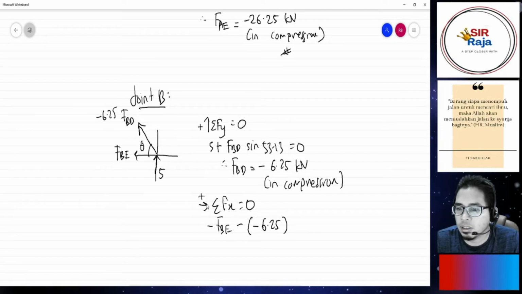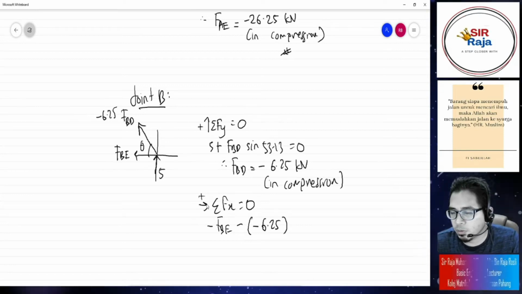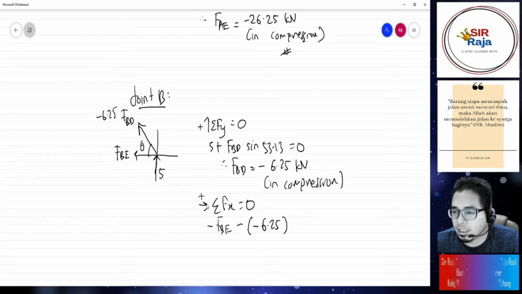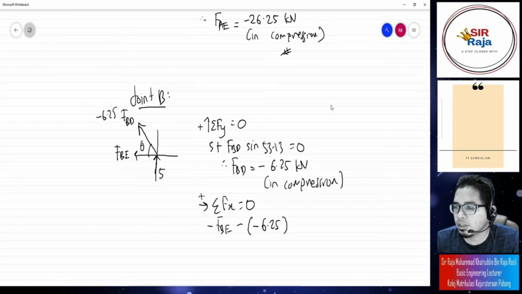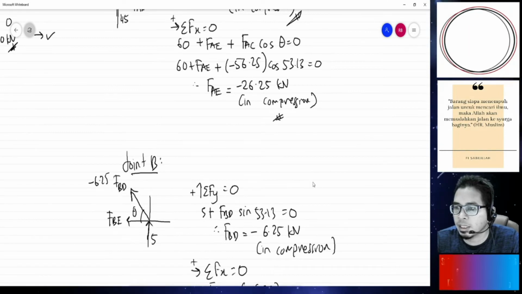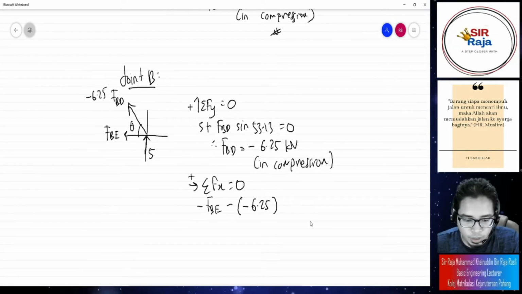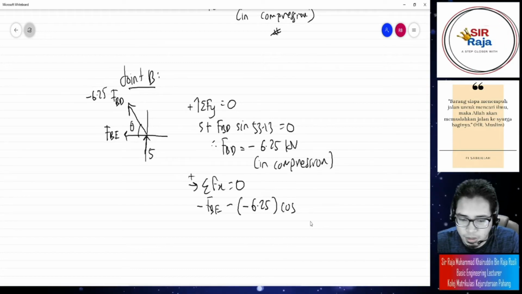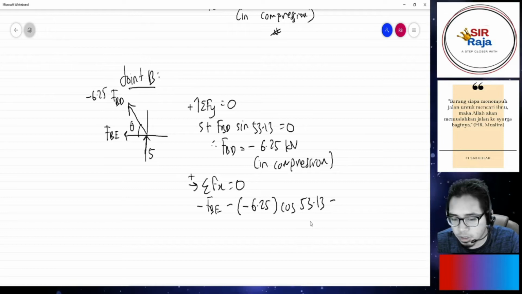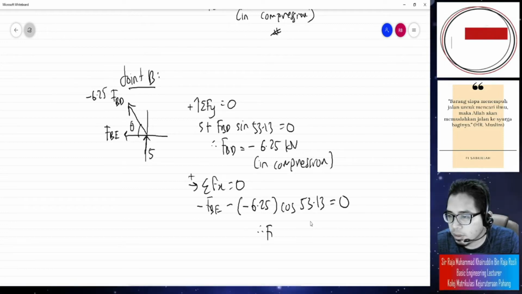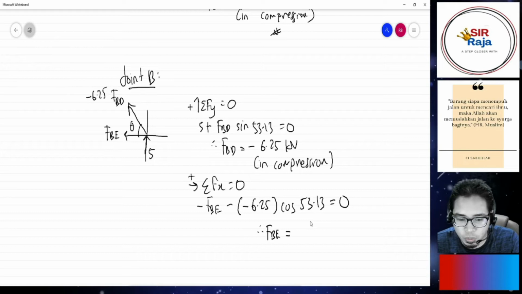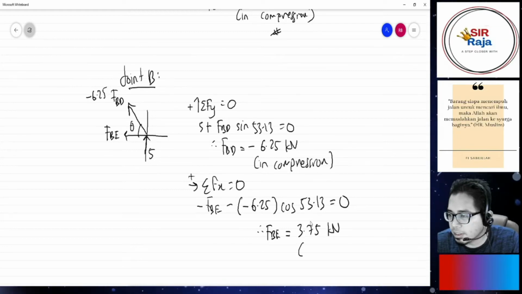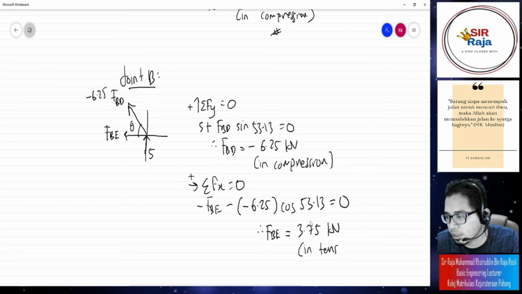This is going to be quite confusing, so if you have confusion here, please pause this video and try to understand first. If you want to make a reference, just refer to this, the same idea applied here. Anyway, negative 6.25 cos 53.13, and this is equal to 0, and you're going to get FBE equal to 3.75 kilonewton, and this is positive, therefore this is in tension.